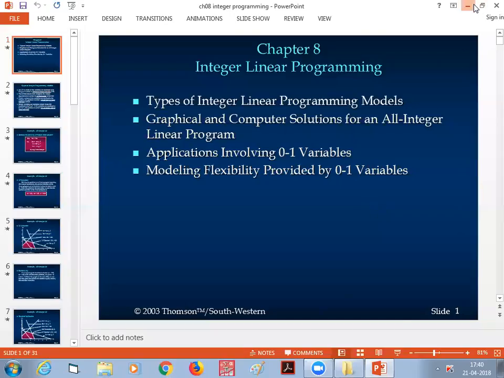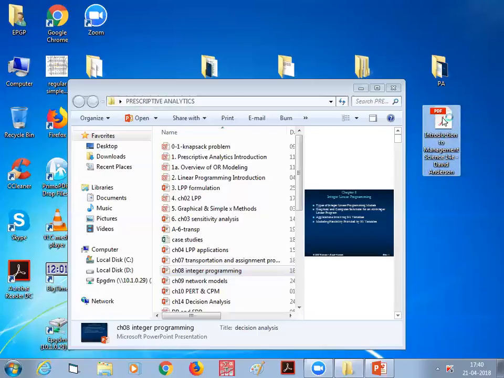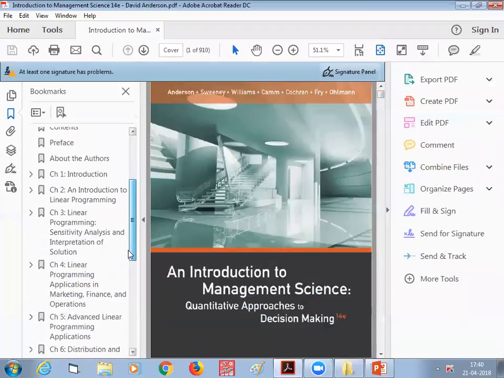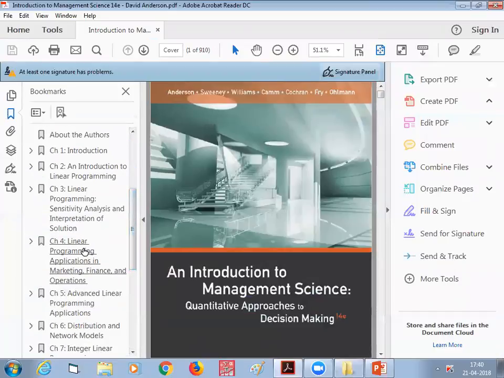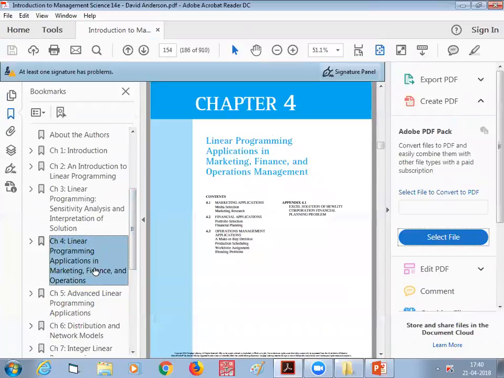We were basically doing it from this textbook, and in this textbook there are two chapters with very good applications, chapter 4 and chapter 5. So especially, you have the textbook, so go through it.